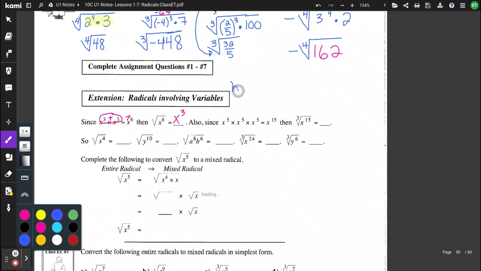You're always going to take half of the exponent to solve a root.